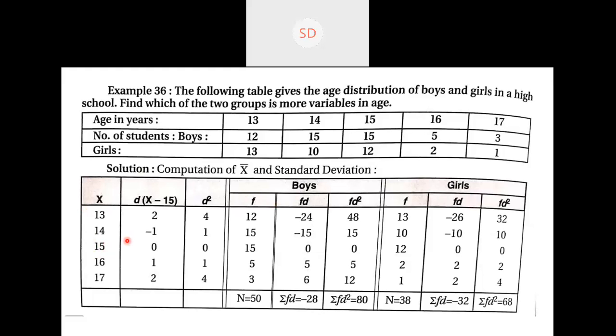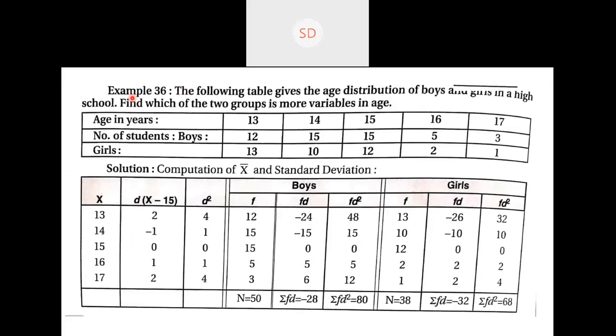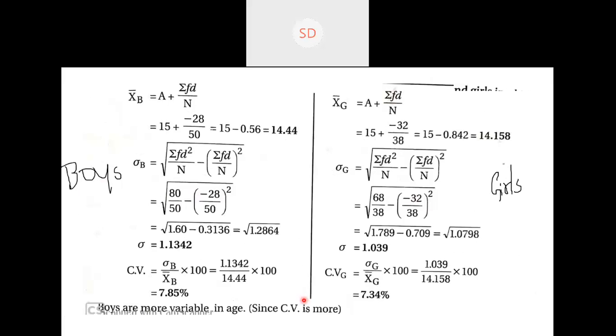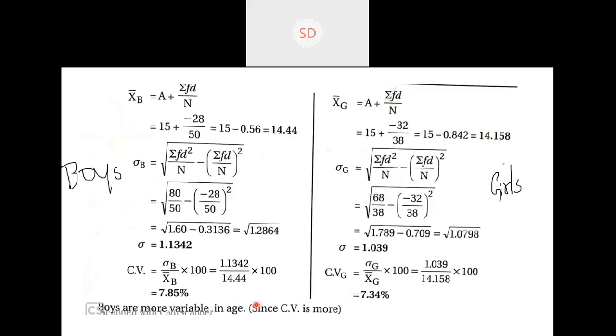If you see this column, sigma FD for boys was minus 28. So I'm taking minus 28 divided by N, which is nothing but the total of frequency. So minus 28 by 50, and I will get an answer of 14.44.